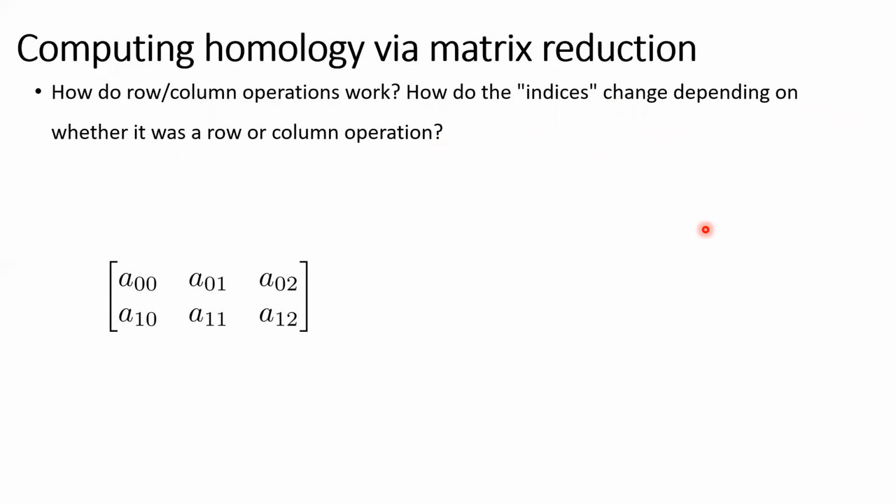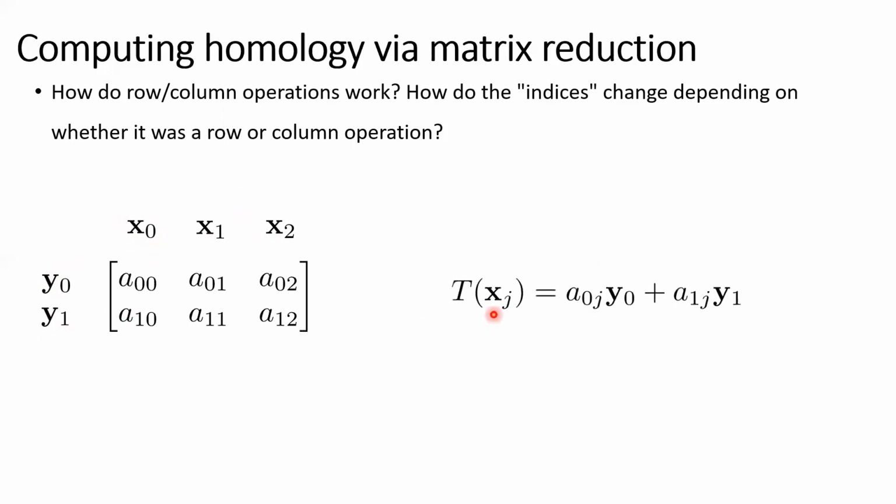We can think of these matrices as representing some sort of linear operator. The domain of the operator has dimension 3, and let's say that it has as bases x0, x1, x2, and the basis in the codomain is y0 and y1.